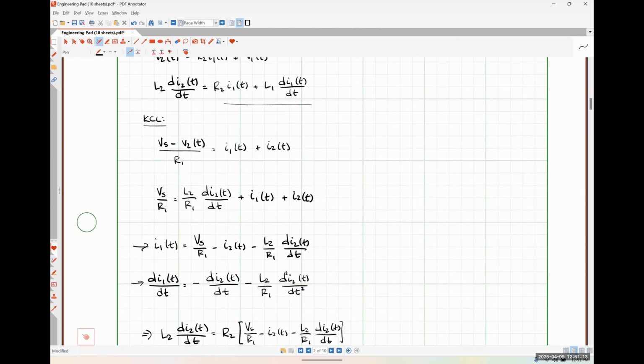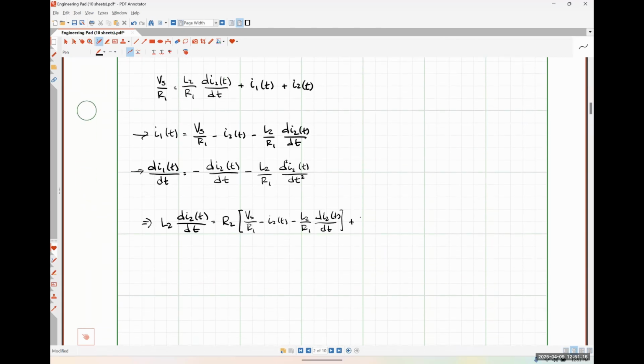And then I have plus L1 times di1 by dt. So L1 times negative di2 minus L2 over R1 times the second derivative of I2 with respect to time.